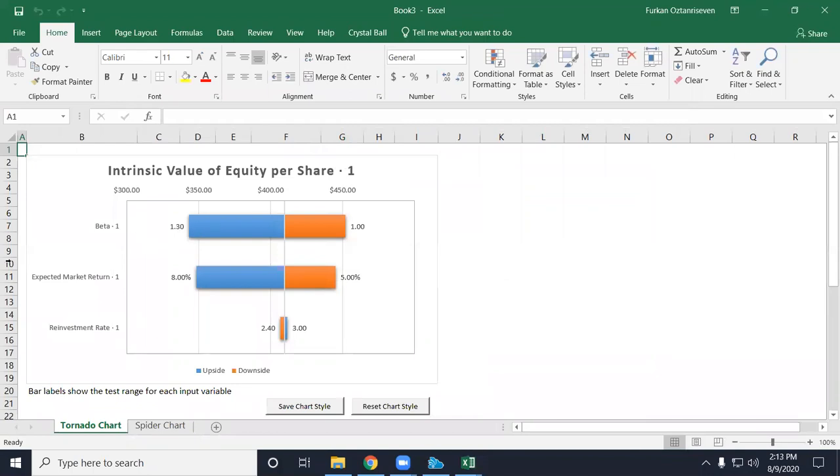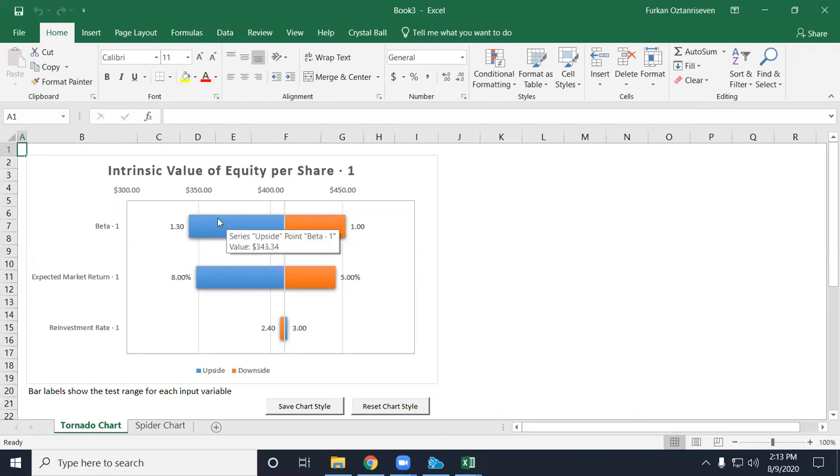Now you can see that, for example, between these 3 inputs, beta coefficient is the most important factor. When the beta coefficient is greater, our intrinsic value goes down. When our beta coefficient is lower, our intrinsic value goes up. So if we think that the beta coefficient has a higher chance to be lower, then we may want to pay higher dollars for our stocks.